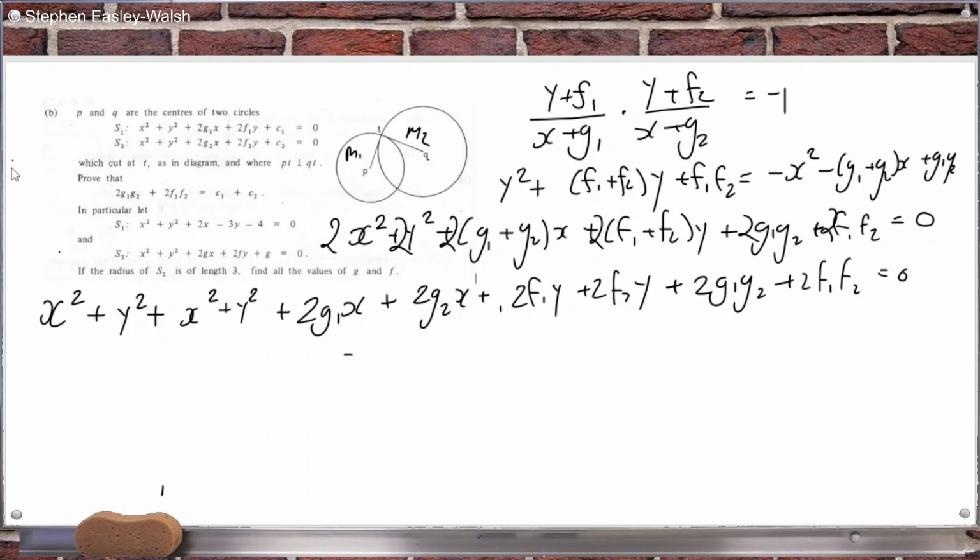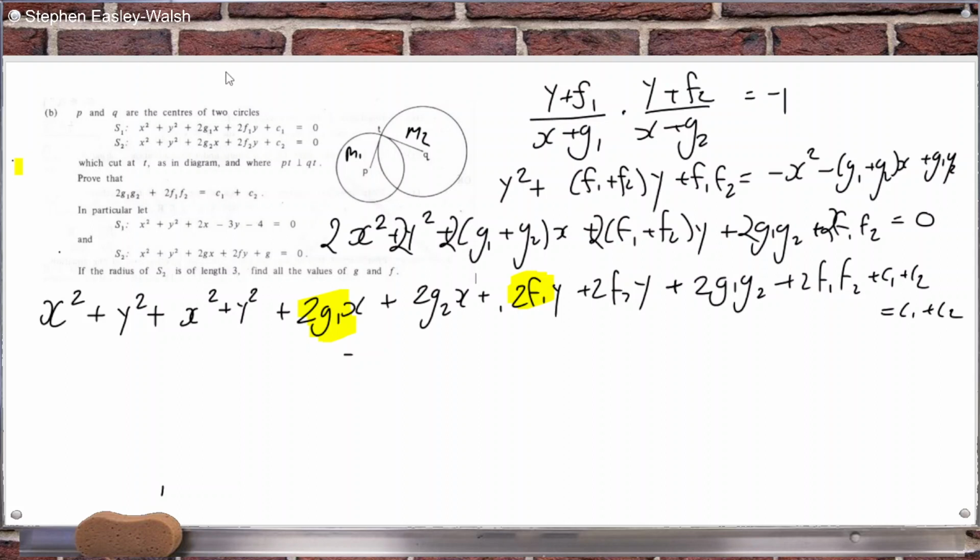Let's try and match things up. So 2g1x and 2f1y, but I don't have a c1. So what I'll do is add c1 and c2 to both sides, so plus c1 plus c2 equals c1 plus c2.